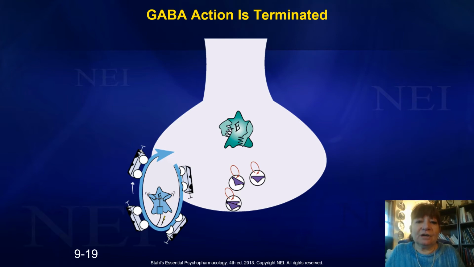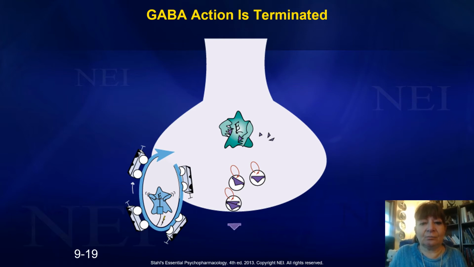So it's either terminated by being transported back into the axon, and there we see the little trolley there, or it is destroyed by GABA transaminase. Okay, and there it's going back into the axon, and there it was just destroyed by GABA transaminase. Oh, and it's going to do it again.